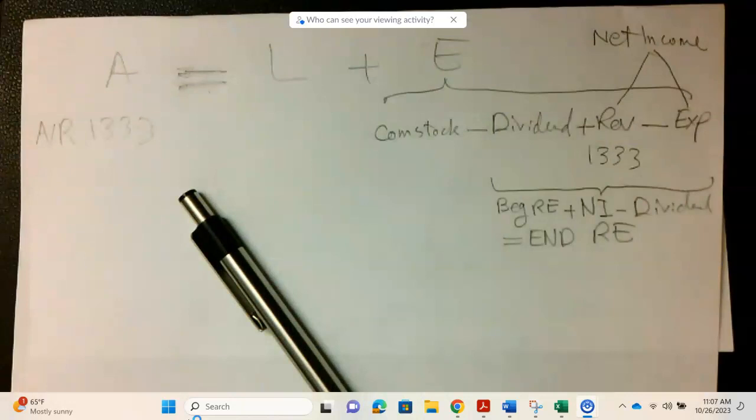Remember, the net income is in the income statement, but asset, liability, and equity are shown in the balance sheet. So if you understate your revenue, you will understate your net income. If you understate your net income, eventually in the balance sheet, the retained earning will be understated.